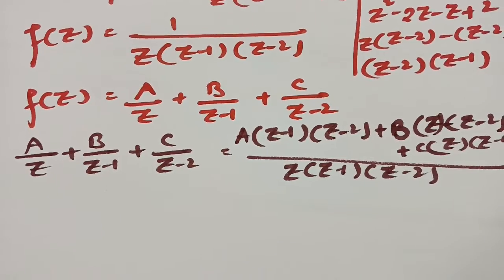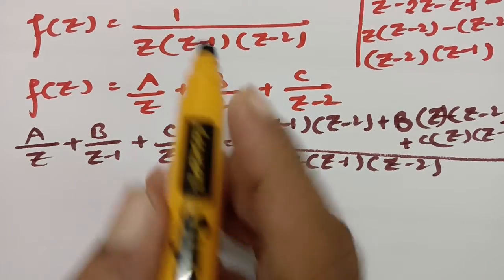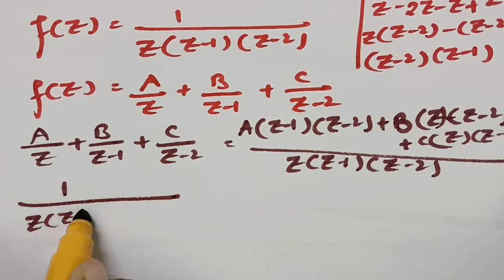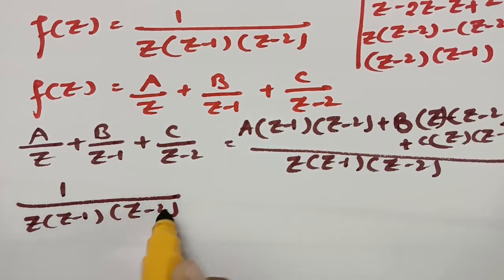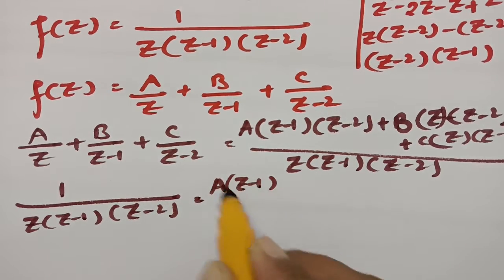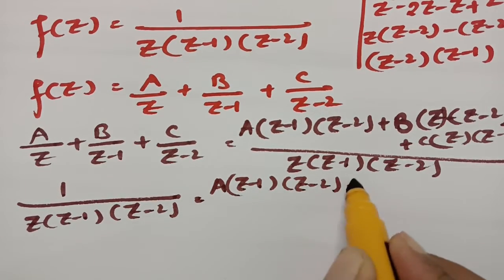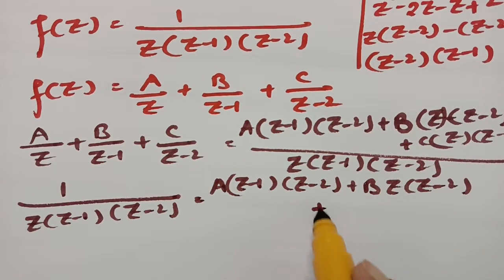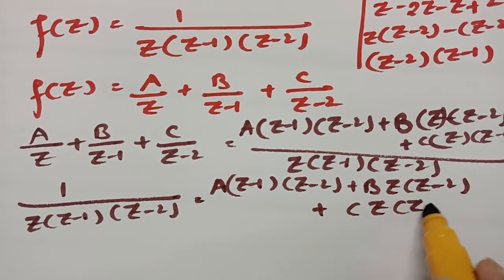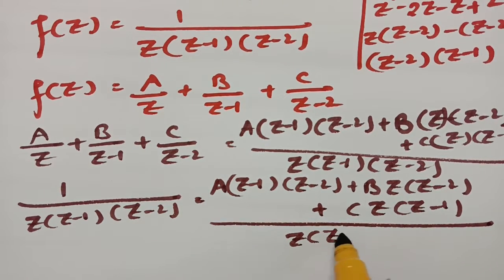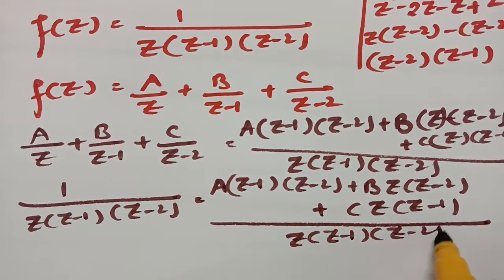Now see here, what is this one? This one is 1 by z into z minus 1 into z minus 2. Here also a times z minus 1 into z minus 2 plus b times z into z minus 2 plus c times z into z minus 1, by z into z minus 1 into z minus 2.